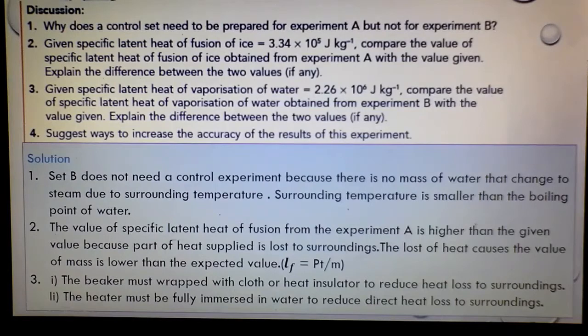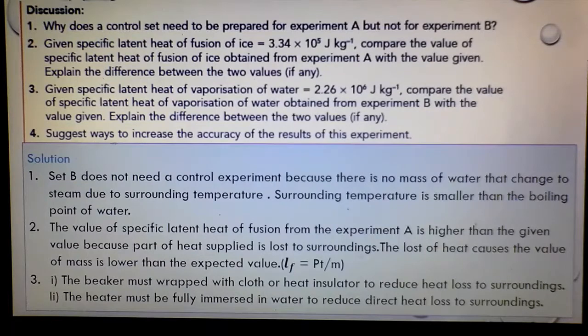The value of specific latent heat of fusion from experiment A is higher than the given value because part of the heat supply is lost to surroundings. The loss of heat causes the mass to be lower than the expected value. Thus, from this formula we can see when the mass is lower, it will cause the value of L to become larger. That's the reason why in the experiment we get a higher value of L for Lf.